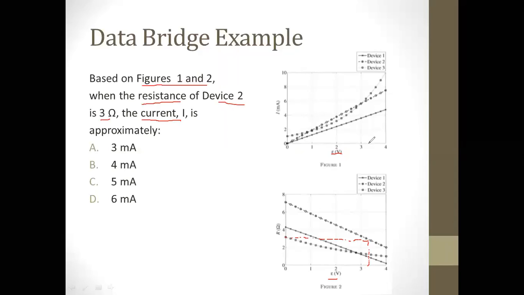So we're starting in the other graph at 3.2. That's here. And since we want the current, we will extend to the device 2 graph and go over to the y-axis to see what the current is. And we can see it's at 6.